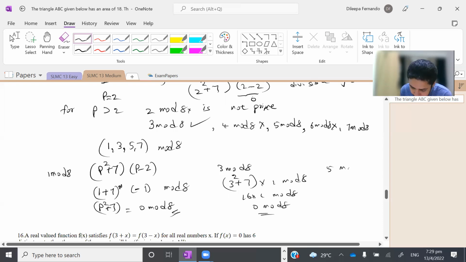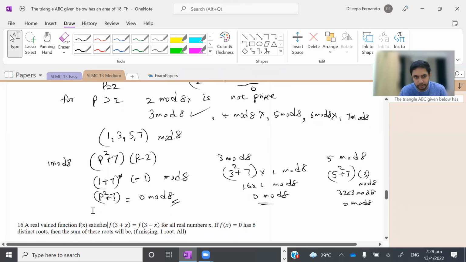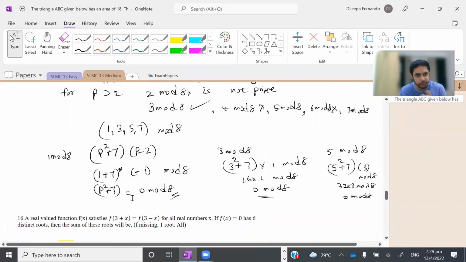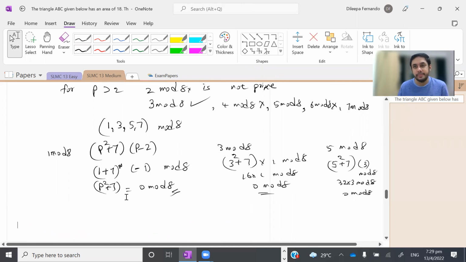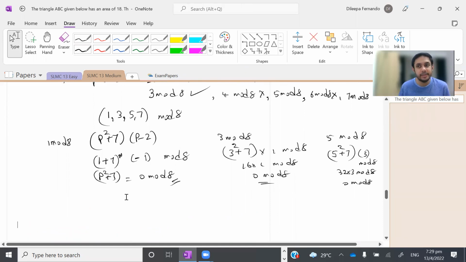For 5, 5 squared plus 7, 32. 0 mod 8. Finally 7. I'm just trying to prove that, but you don't have to prove it when you find out the correct answer. So always when you do these MCQs, use the elimination method and just eliminate impossible answers, so it will be very easy.